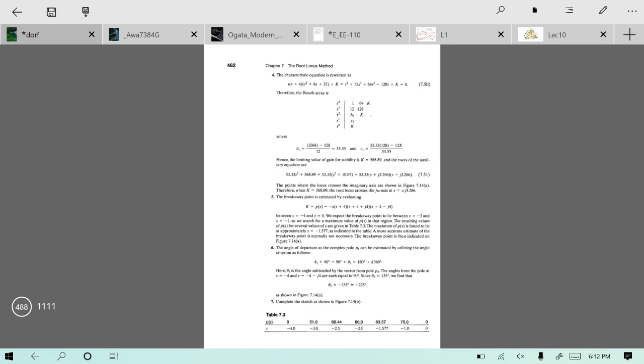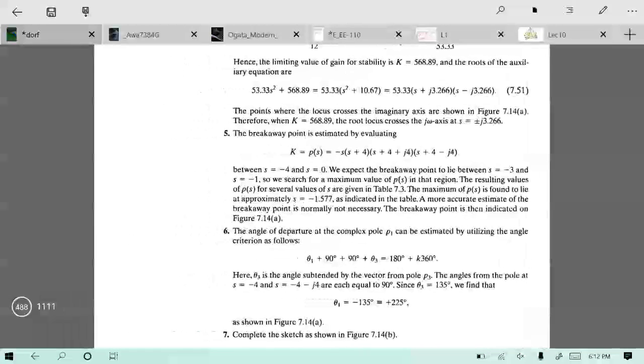The angle of departure of pole P1 or P2 can be estimated from the angles that all the other poles subtend to that pole. The sum of all those angles is equal to 180 plus k into 360 degrees. Let me explain it this way. Theta 1 is the angle.